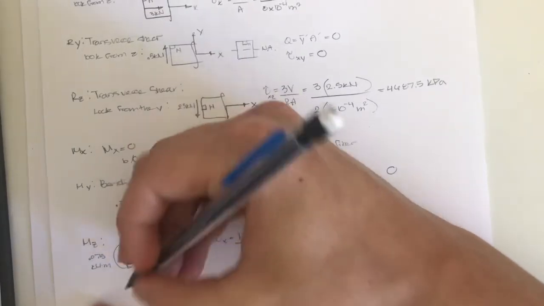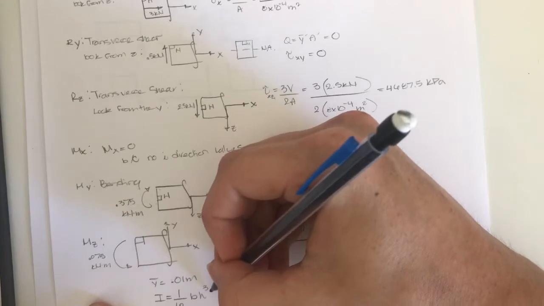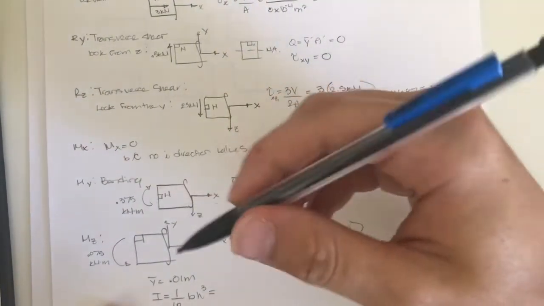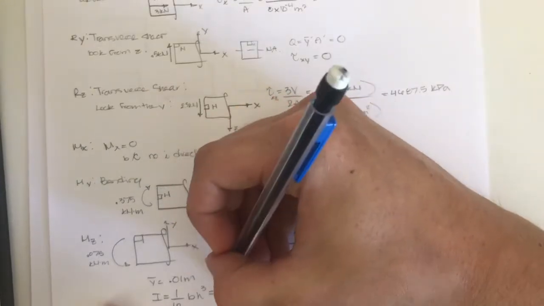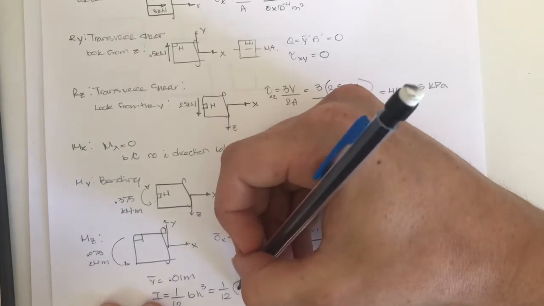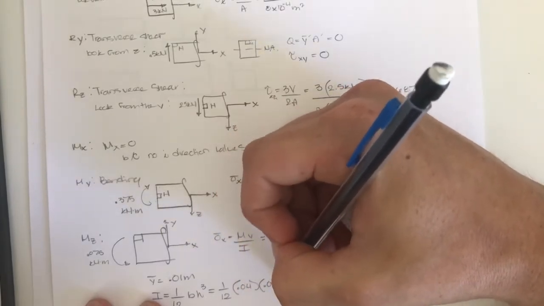I will be equal to 1/12 the base times the height cubed. That's for a rectangular cross section. So that is equal to 1/12 times 0.04 times 0.02 cubed.